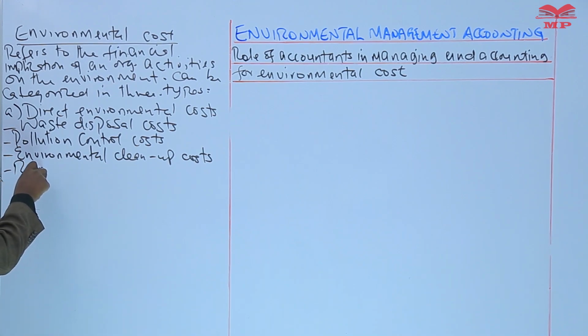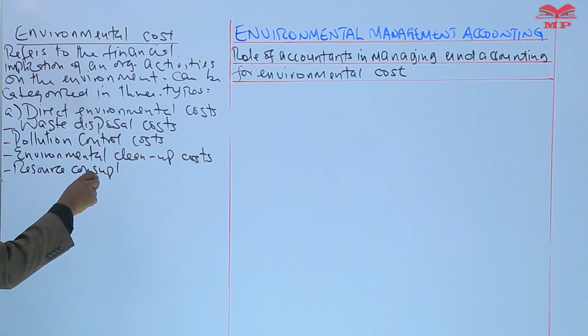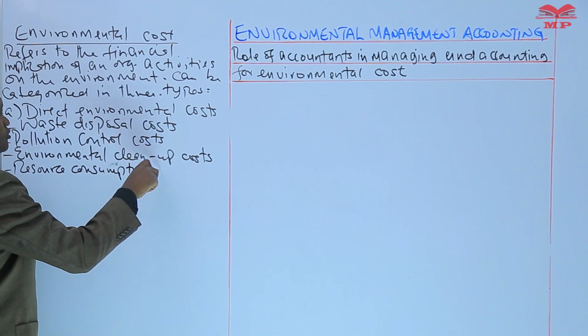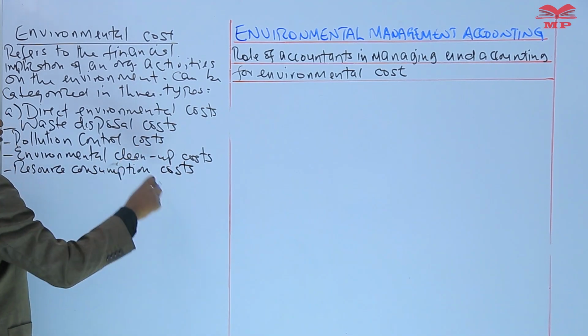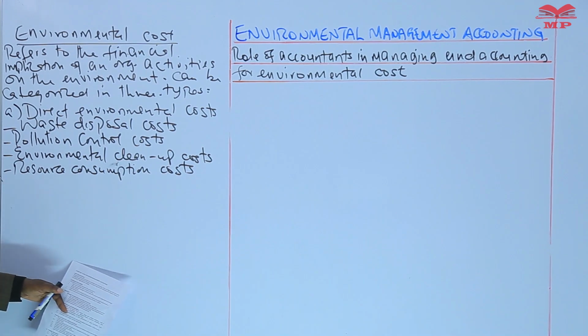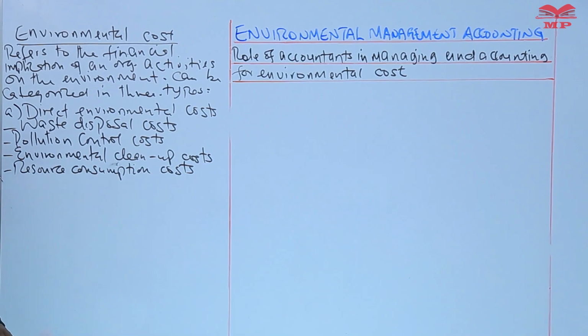Resource consumption costs are costs of raw materials, costs of energy, or even water usage that have environmental impacts.